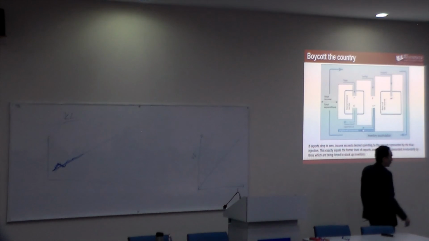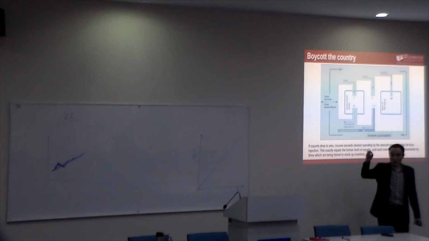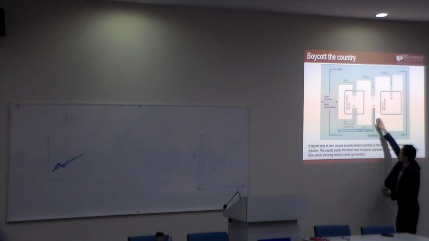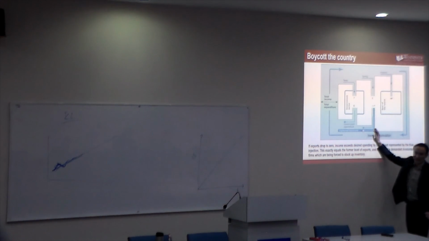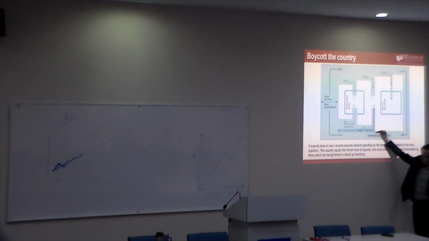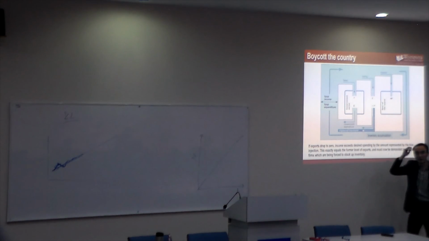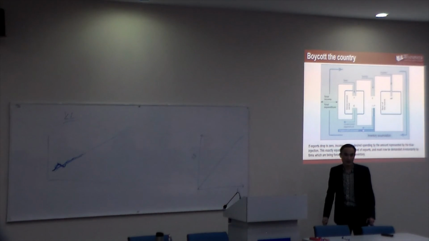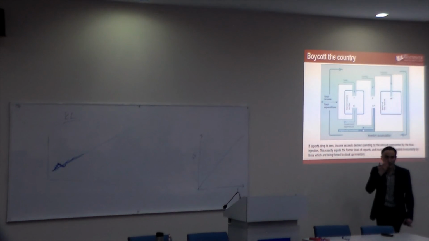Okay. Well, in other words, for example, if a boycott is announced for some country, right? At that time, even though now we are not exporting, in the short run, still, those companies produce. Okay, they produce.